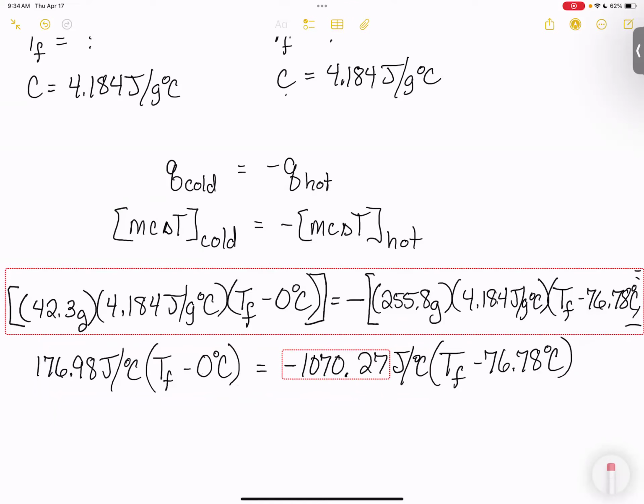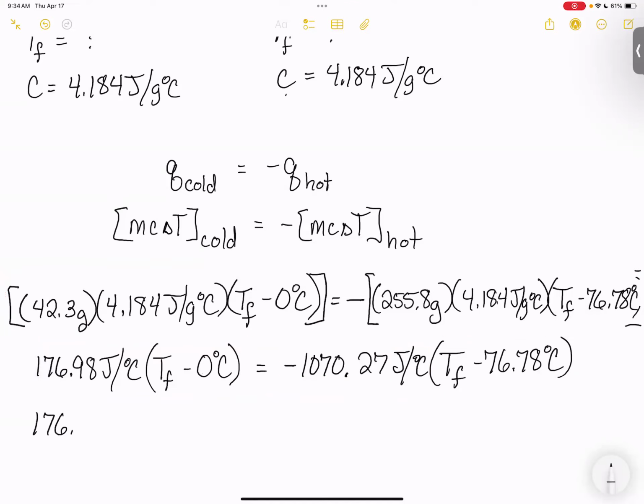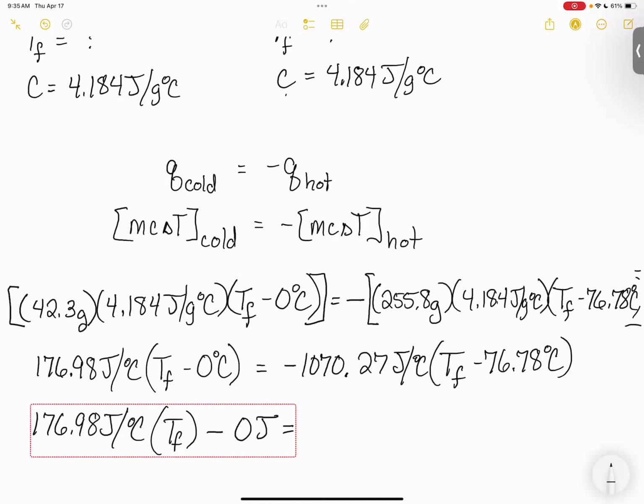Now we do the distributive property. So I'm going to multiply the 176.98 joules per degree Celsius times T final. And I'm going to multiply 176.98 times 0, which gives me 0 joules.